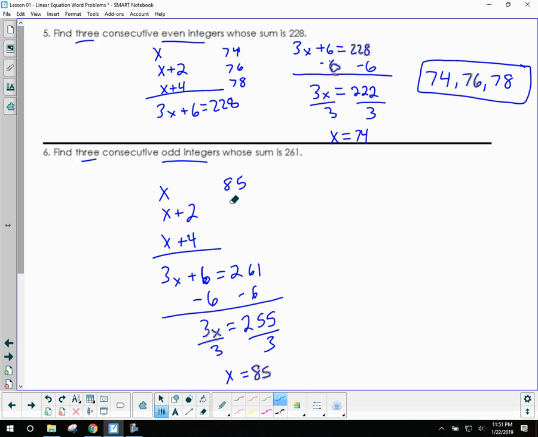Add that up. 85 plus 87 plus 89. I get 261. So everything checks out. My answer is 85, 87, 89.